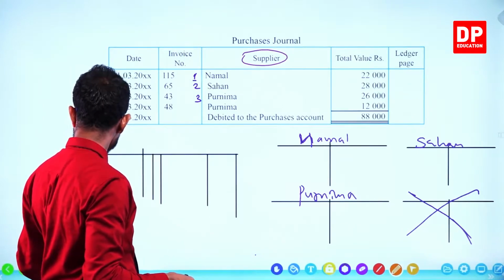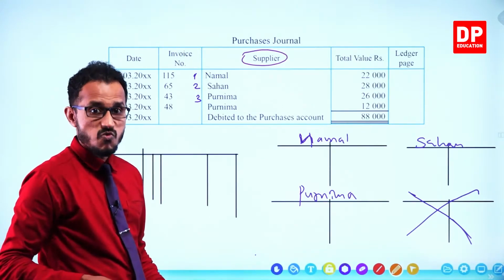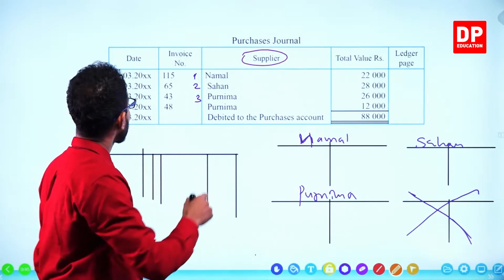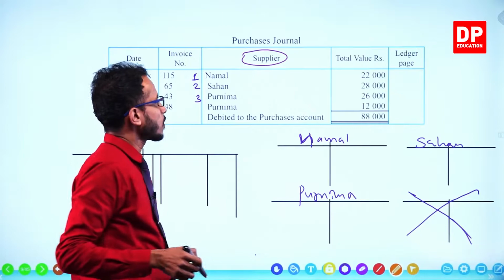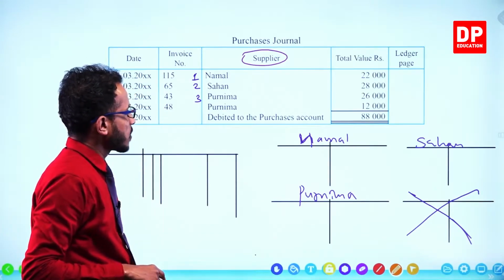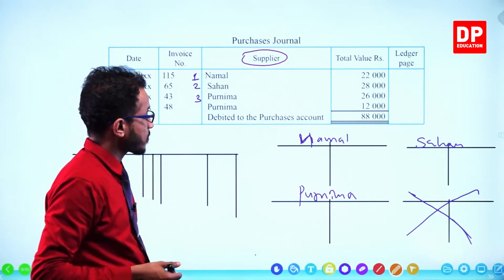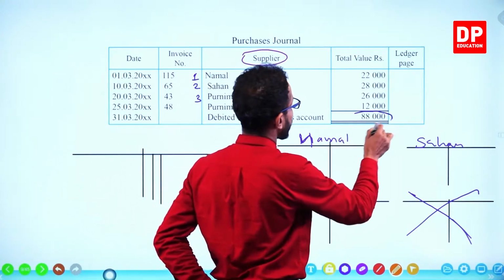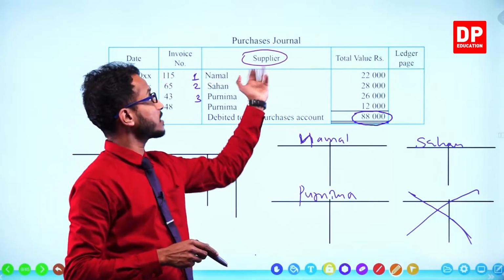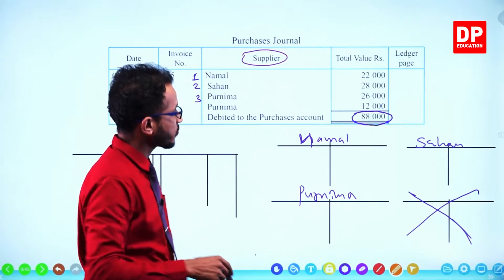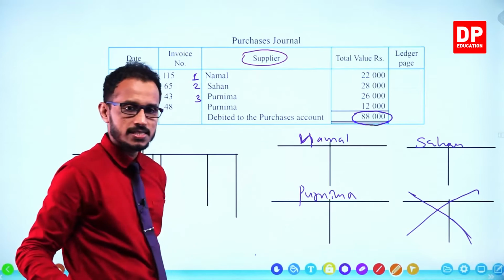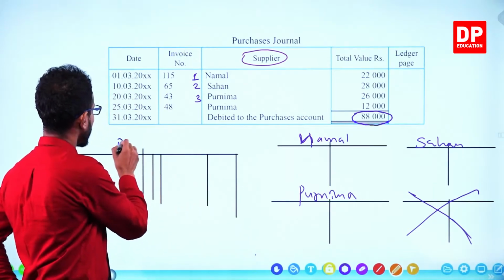Likewise, we did our working. Finally, children, we transferred the total purchases from the purchases journal. We took the total purchases into the purchases account.